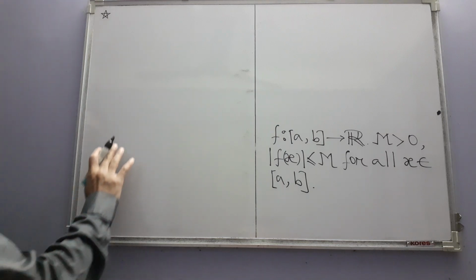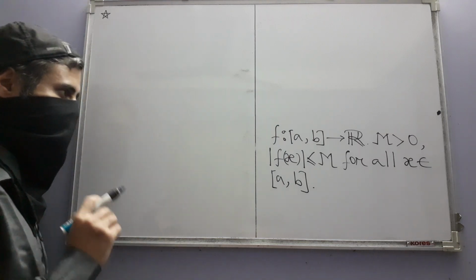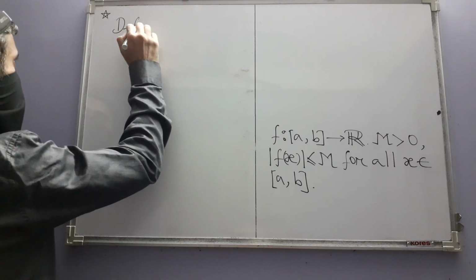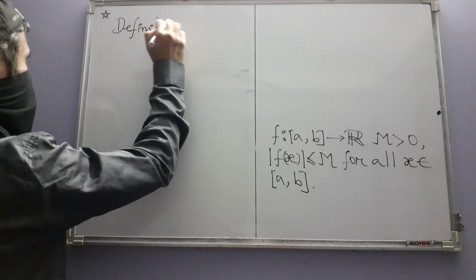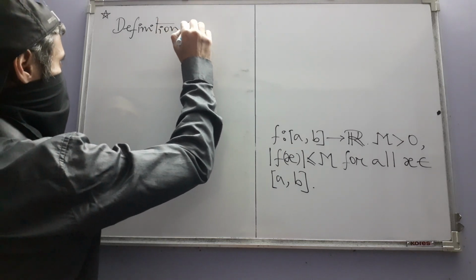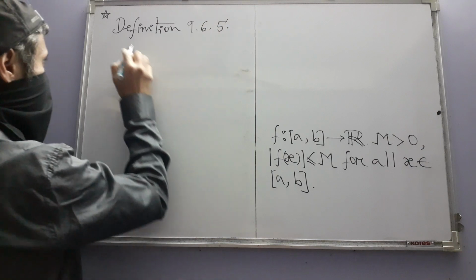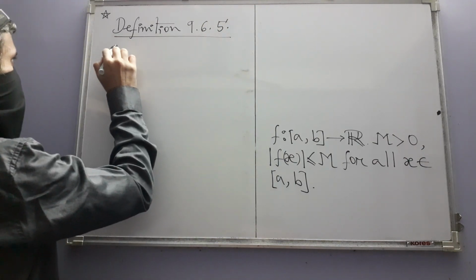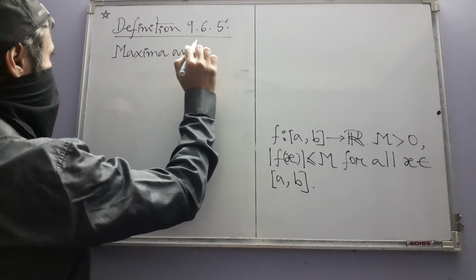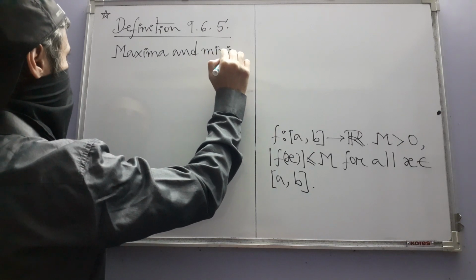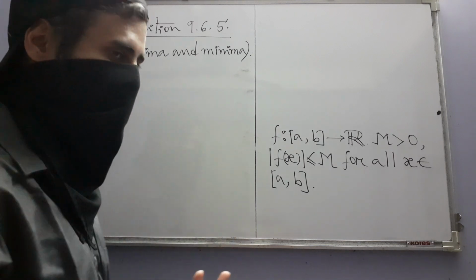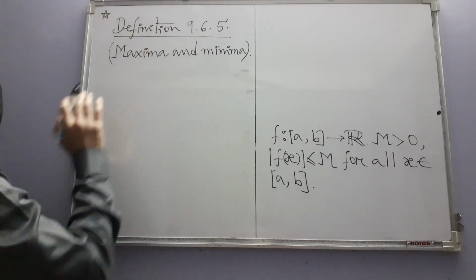So for that, let us start with the definition of maxima and minima. So this will be item 965. Maxima and minima. And the definition is of course something we already know, but still let's see formally how it looks.